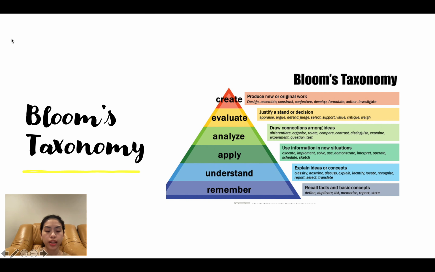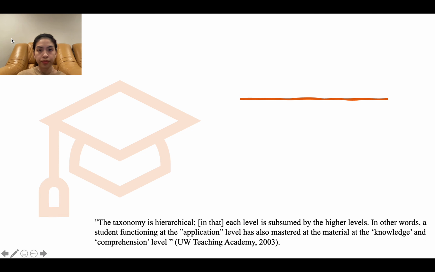Bloom's taxonomy demonstrates six aspects of learning: remembering, understanding, applying, analyzing, evaluating, and creating. Bloom's model looks like a pyramid. Students need to complete the foundation or lowest level, then they can go to the next, and a higher level cannot be reached if the lower level has not been accomplished.